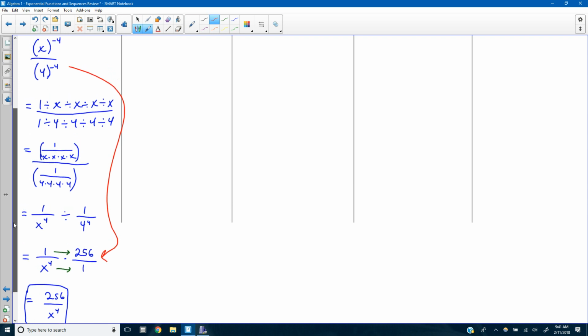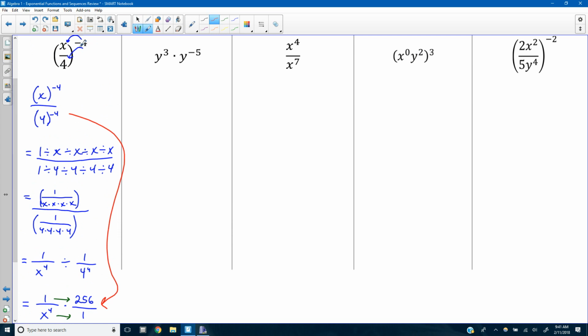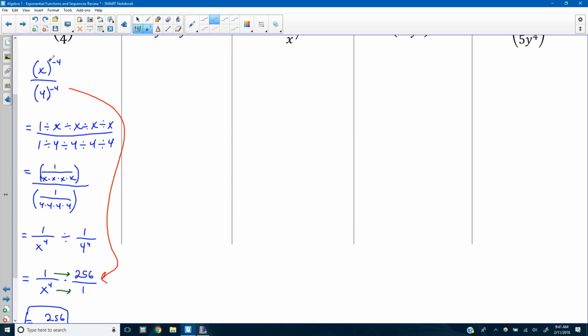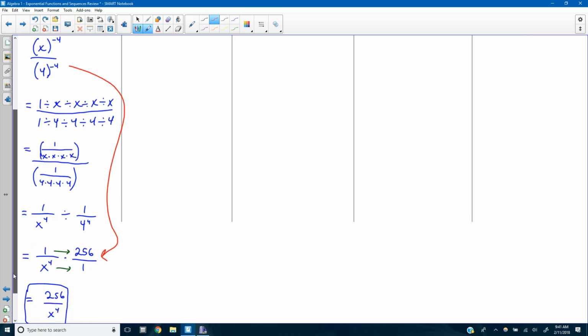If you just get this zoomed out look, hopefully the first one made enough sense based on the property that was featured. And again, I'll probably jump to that property at a different time when there's no negative exponent. But let's take a look at what happened from here to here. What happened was I have x to the negative fourth power on top, and down here I have x to the fourth power on bottom.